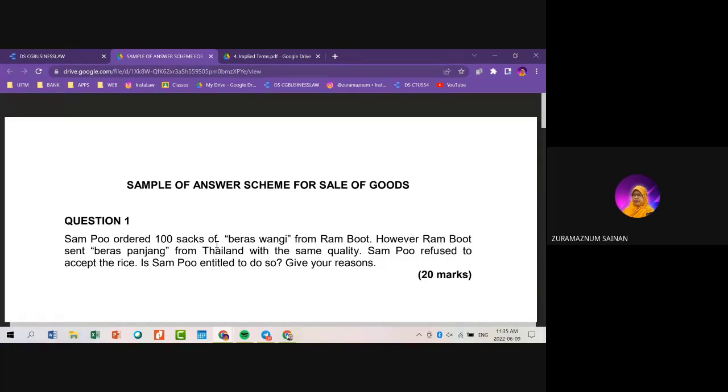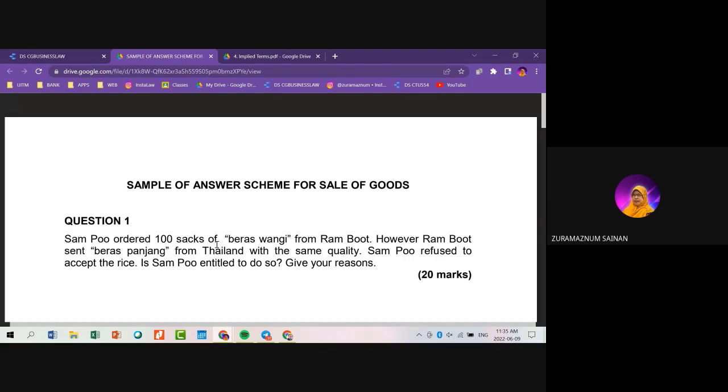And then take note, dia takkan campur-campur topik. Kalau soalan tu relating to the implied terms, memang implied terms sajalah. Dia takkan campur pula dengan tajuk apa? Tajuk transfer of property or transfer of title or remedies, tak ada. Boleh faham tu? Boleh ingat tu?